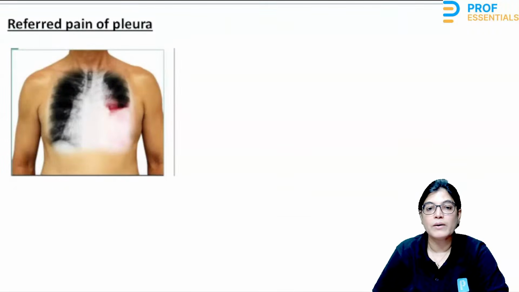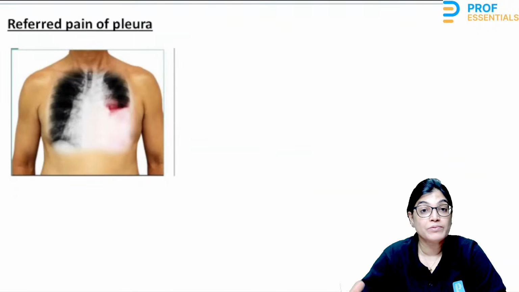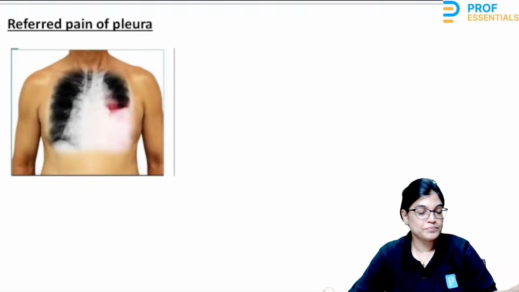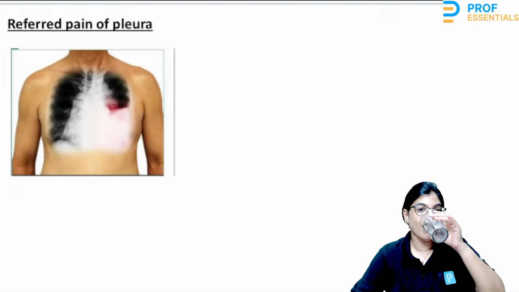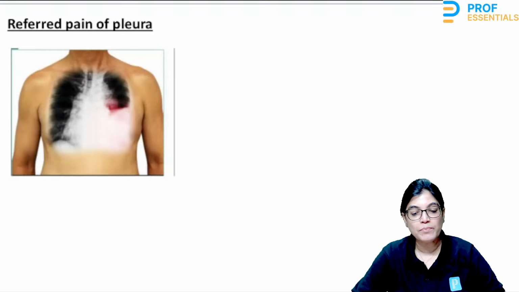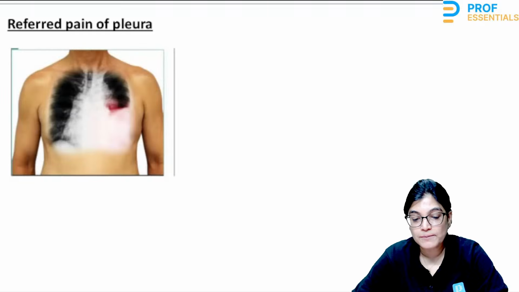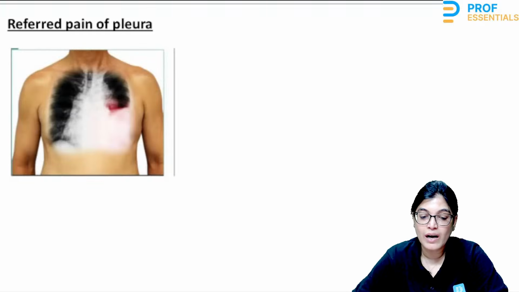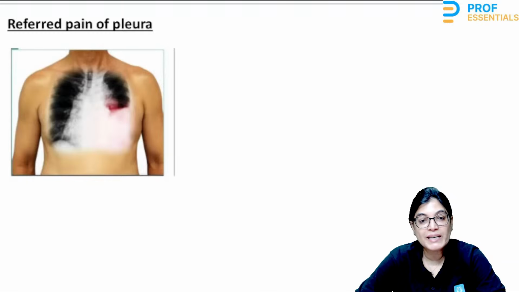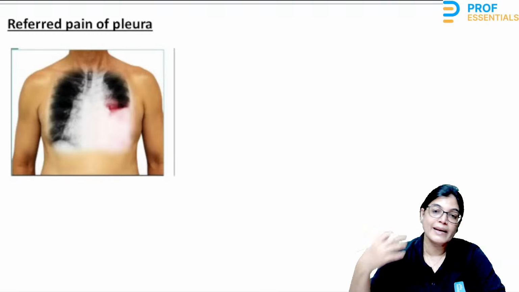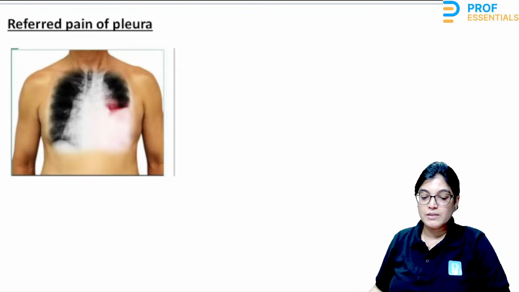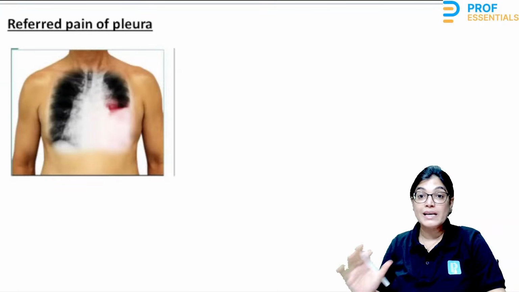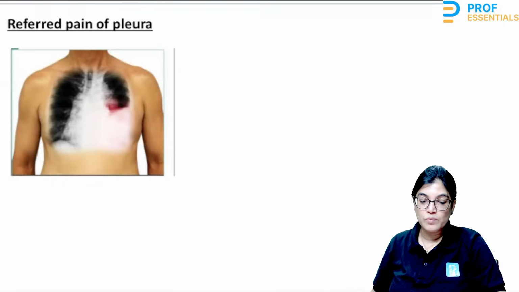Now let's talk about a few clinical anatomy points, starting with referred pain of the pleura. Pain from the central diaphragmatic pleura and that of the mediastinal pleura is referred to the neck and shoulder region, because the skin at this site has the same segmental innervation through the supraclavicular nerve.